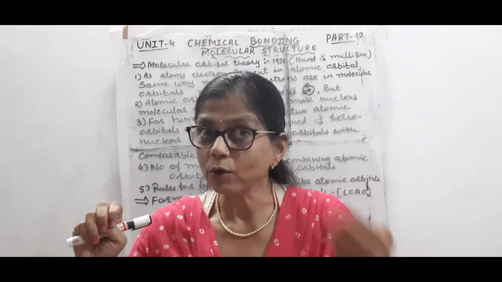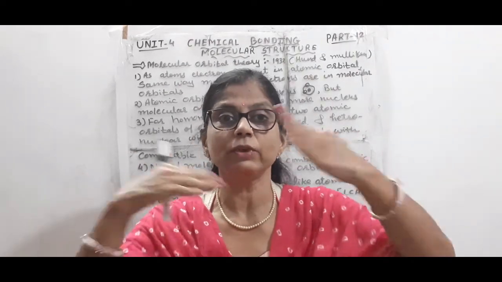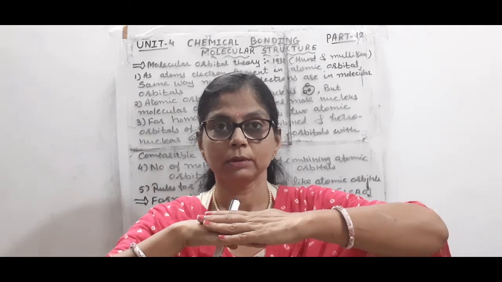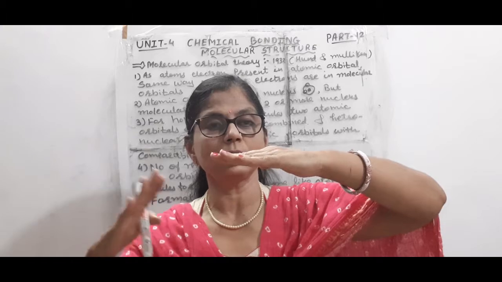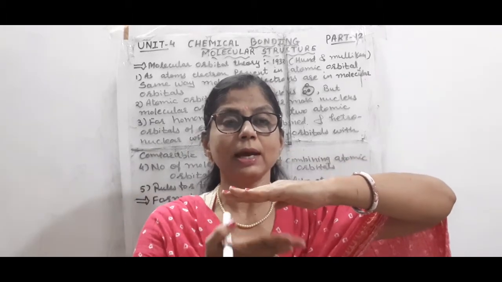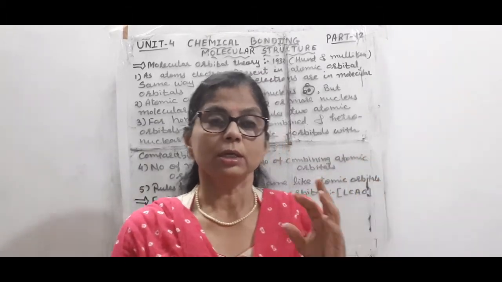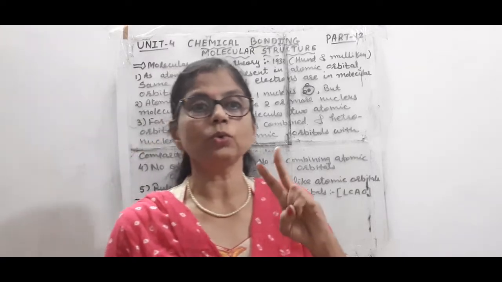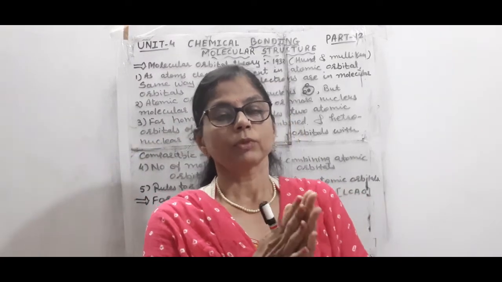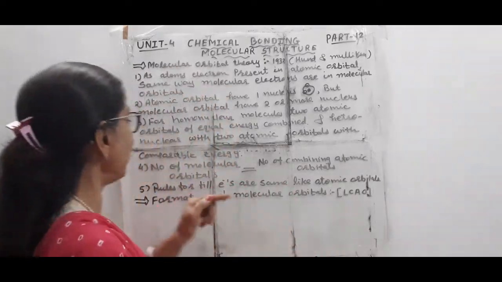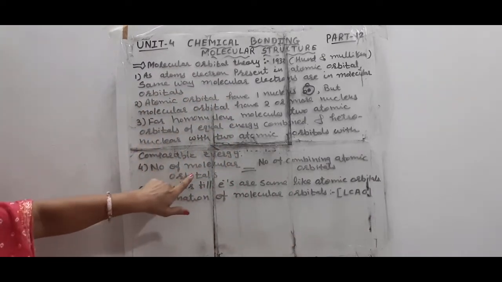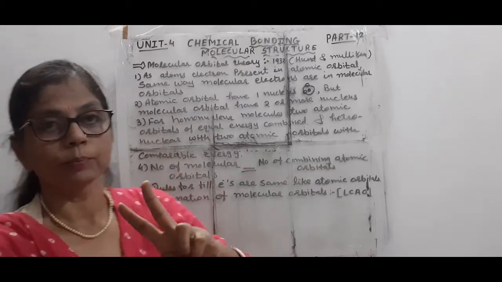So in total how many atomic orbitals will overlap? Correct, 2. One overlapping atomic orbital comes from one hydrogen, the other from the other hydrogen. So if the total number of atomic orbitals overlapping is 2, then the number of molecular orbitals is 2.